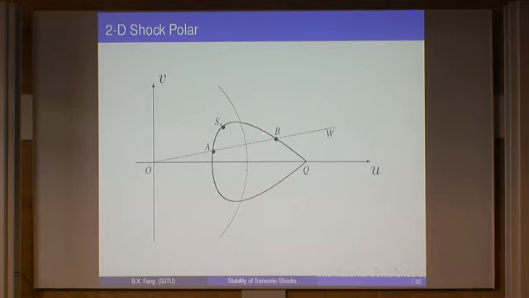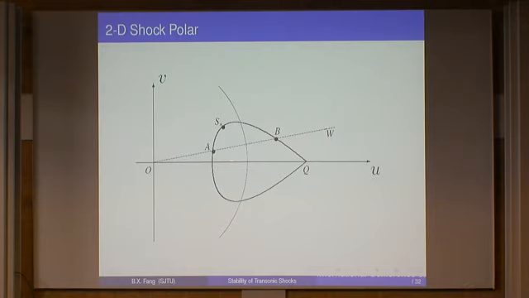So this is a supersonic shock solution, and usually this stronger shock is a supersonic-subsonic shock. This point is always inside the sonic circle, which means that behind the shock front it's a subsonic flow. So this is a transonic shock, or briefly the supersonic-subsonic shock.